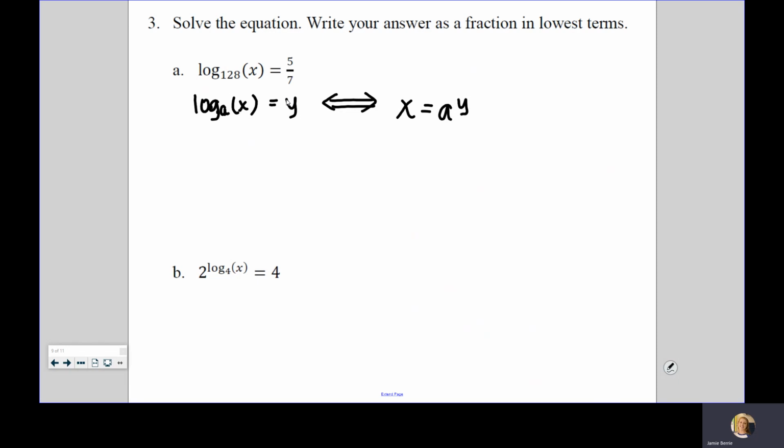This helps because we already know how to solve exponential equations. We can see here that A is 128, X is just X, and Y is 5/7. Plugging those into our exponential form gives X equals A to the Y, that is 128 to the 5/7. Now we can plug that into our calculator.